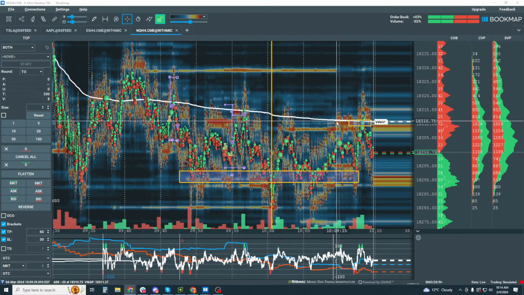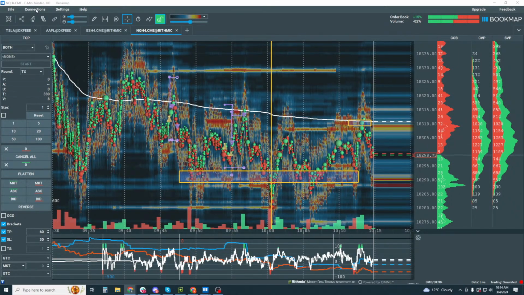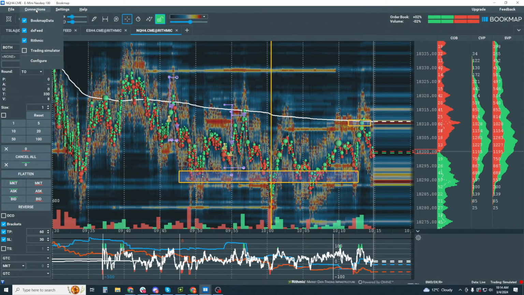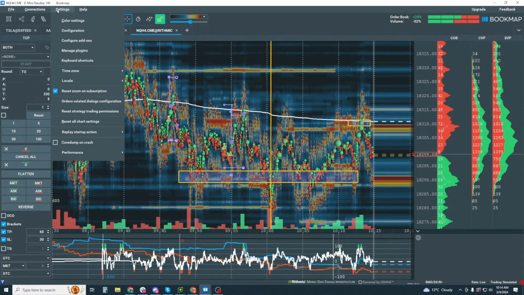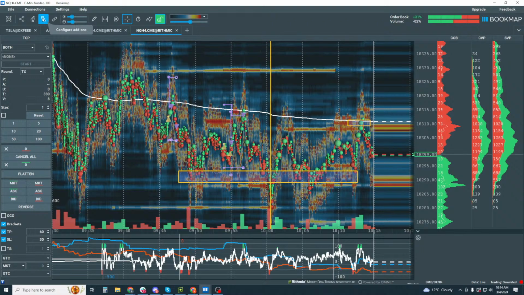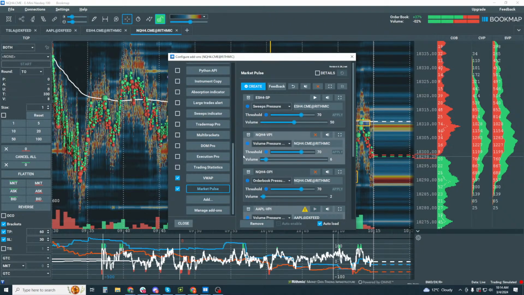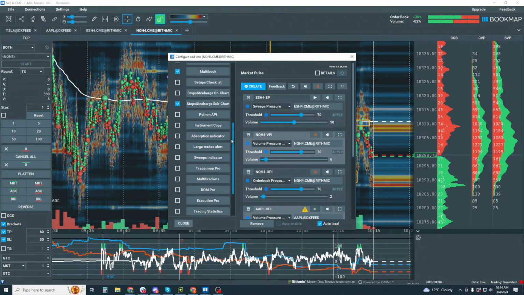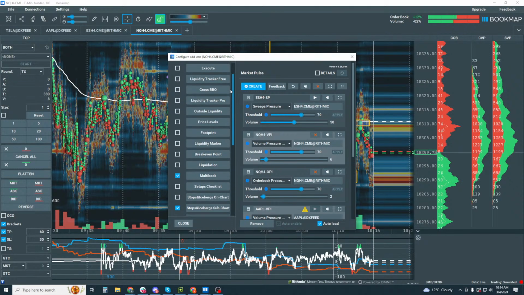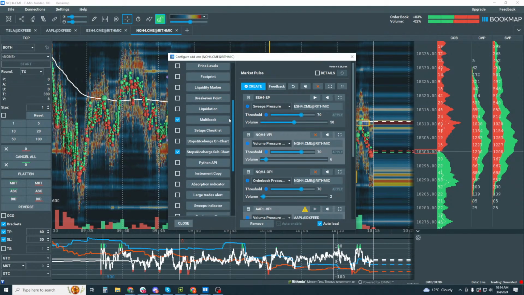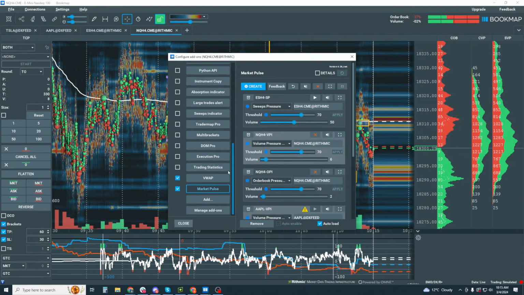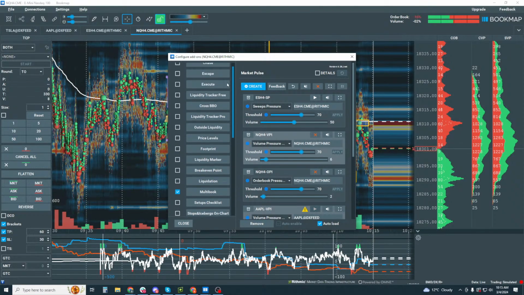All right, now if you have the latest version of Bookmap, come up here to configure add-ons. Okay, and you'll see the trading statistics in here. And you have to have it checked.